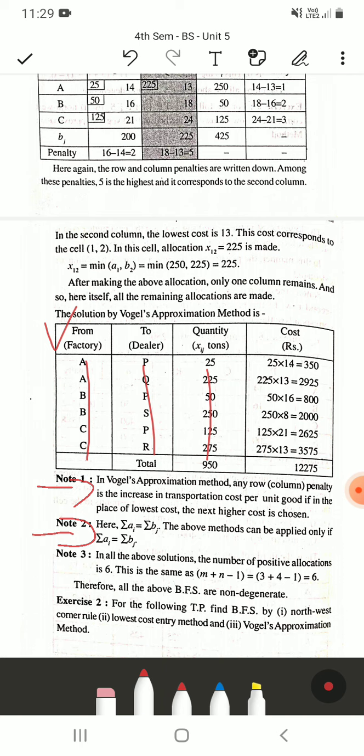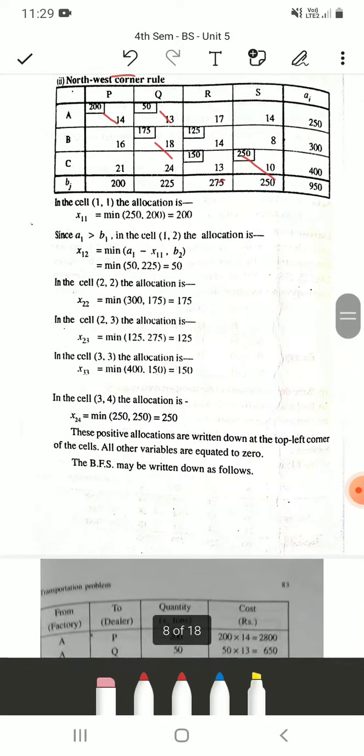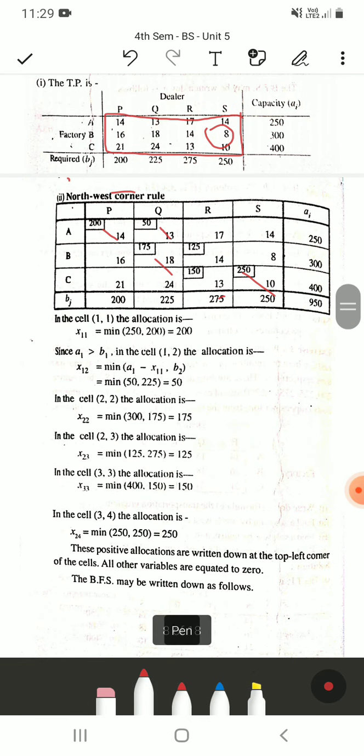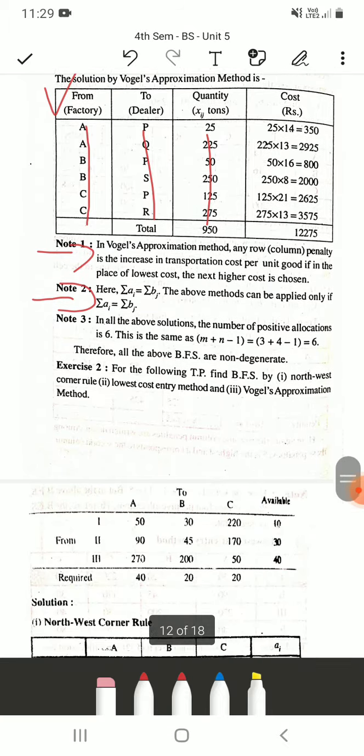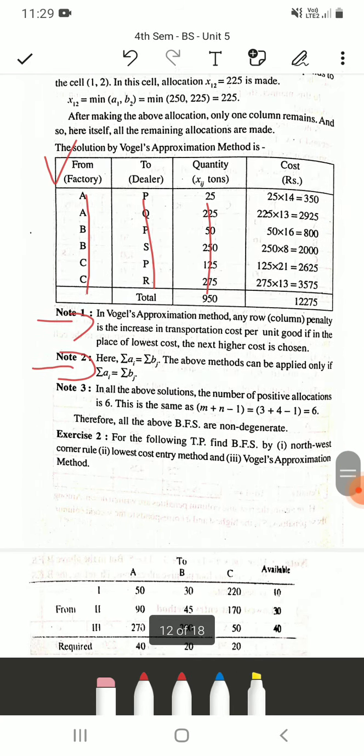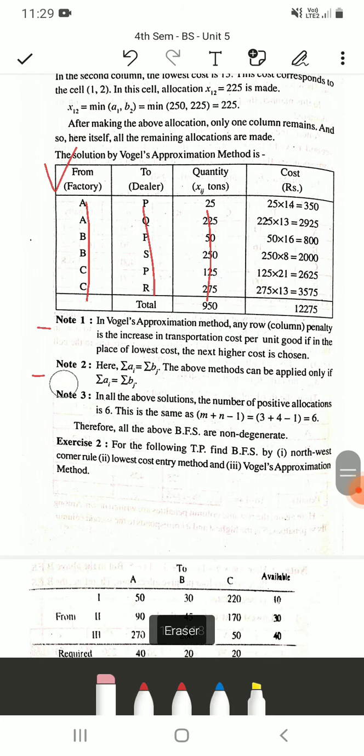Only if this condition is satisfied, the above methods can be applied. So you can see when you add all these values you get 950, as well as when you add all the ai values you get 950. Therefore summation ai is equal to summation bj. Therefore we can apply all the three methods.